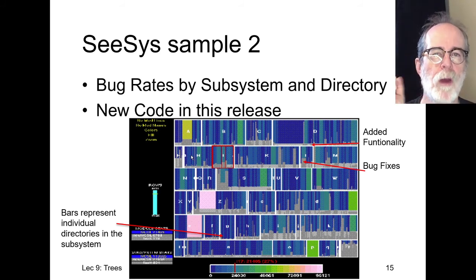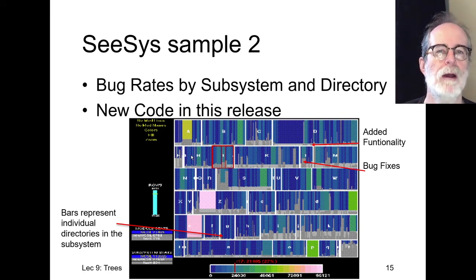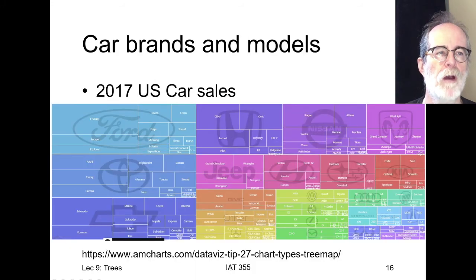This thing is inspired by TreeMap, but extends the TreeMap in a particular way to tell you more about what's going on, and the representation switches from mapping area to the topic of interest to mapping different things. Okay, so let's move forward.